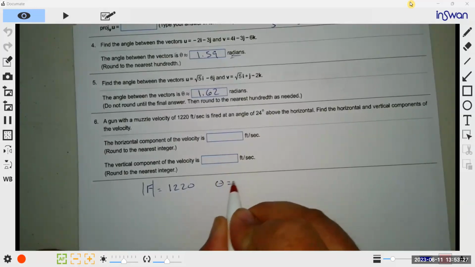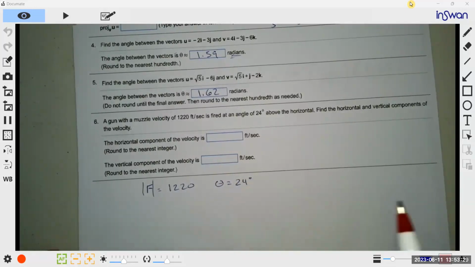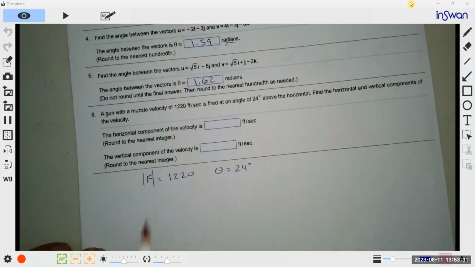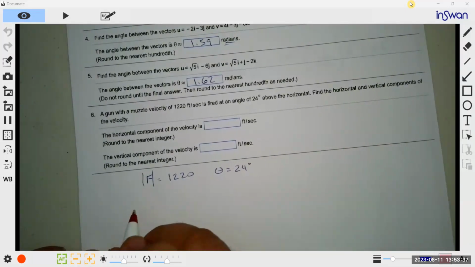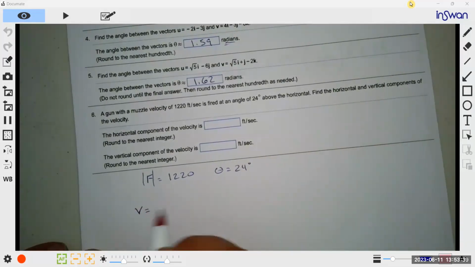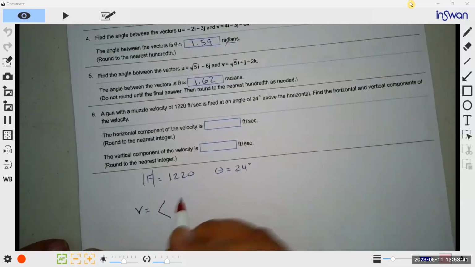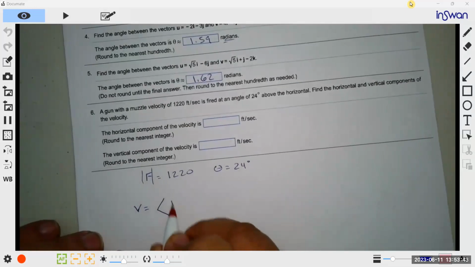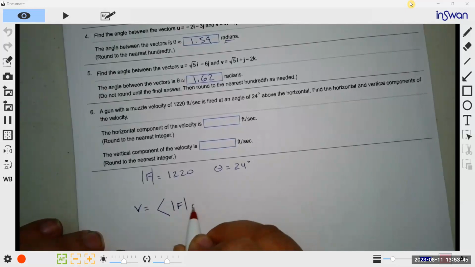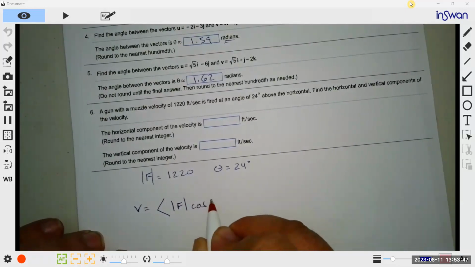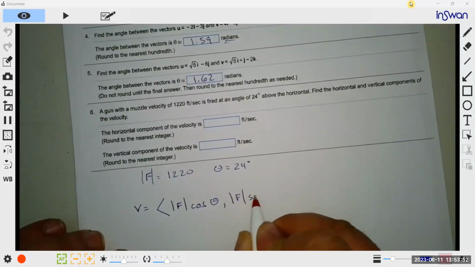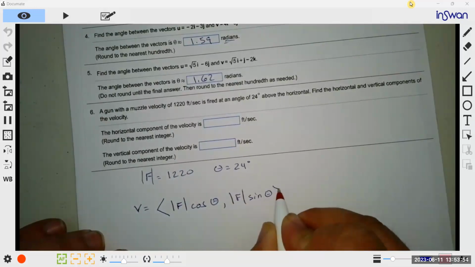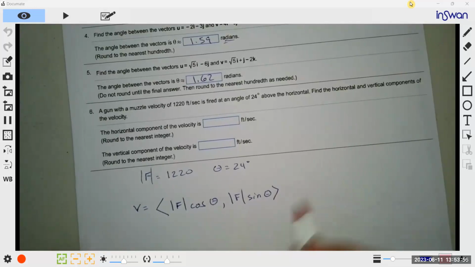Theta equals 24 degrees. We're looking for the horizontal and vertical components: the magnitude times cosine theta, and the magnitude times sine theta.